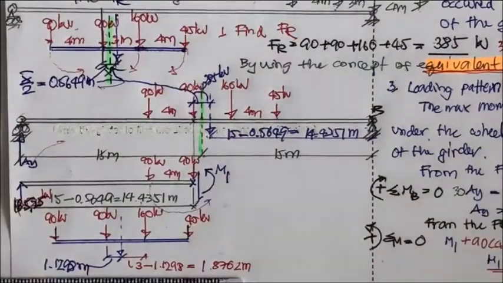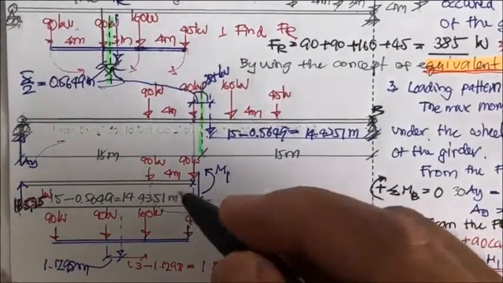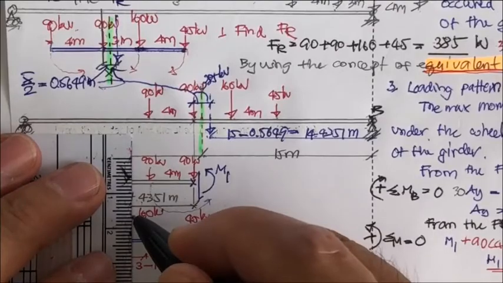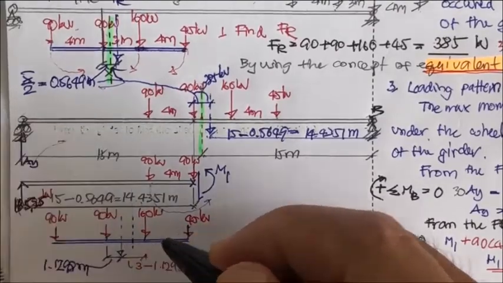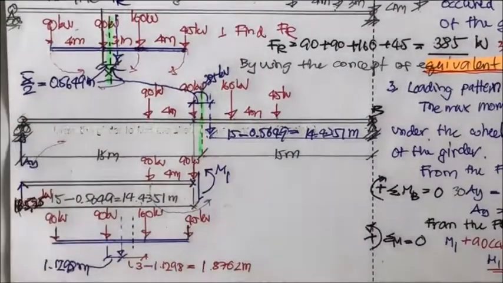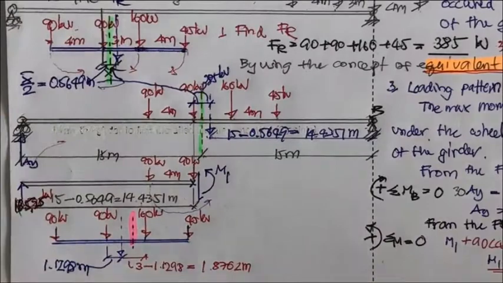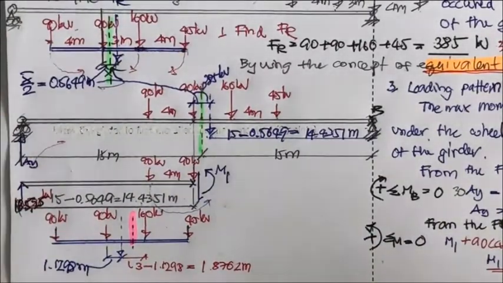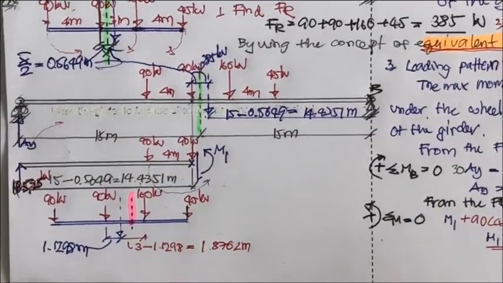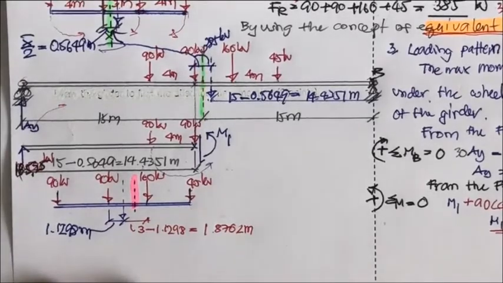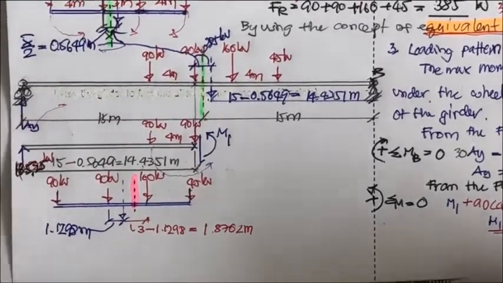And now we're going to divide this into half, and we will put this one into the center of the beam, and we will find the maximum moment for the second case. Okay, let me do the same thing.